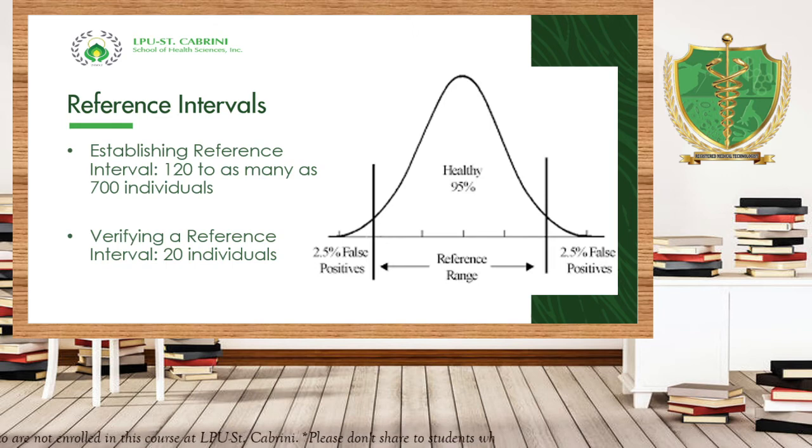Again, for establishing reference range or reference intervals, which are just the same, you must have at least 120 samples. Tandaan, 120 samples. Now, for verifying the reference interval, we need only 20 samples to validate that.